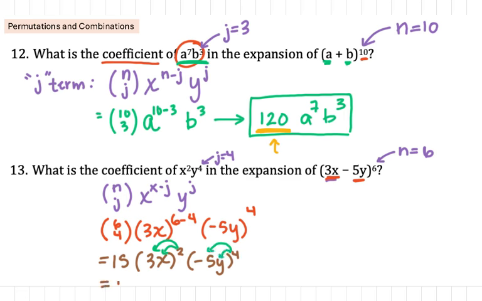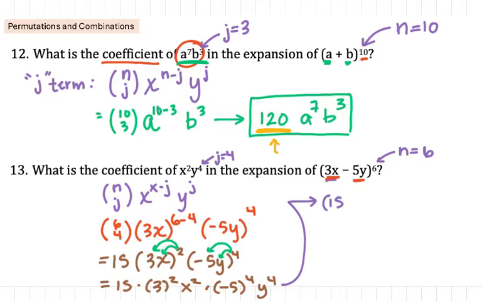So it's going to be 15 times 3 squared x squared times minus 5 to the 4 y to the 4. Okay, so we'll simplify some more. 15 times 9 times x squared times minus 5 to the 4 is 625 times y to the 4.